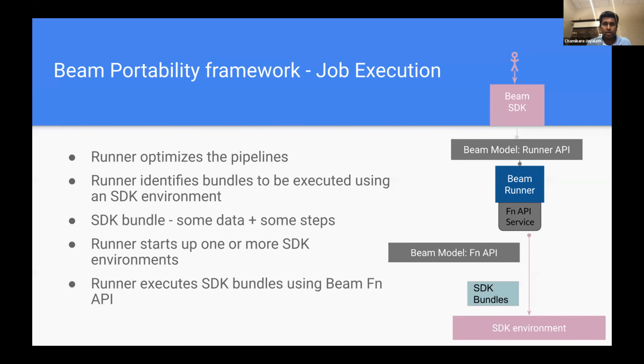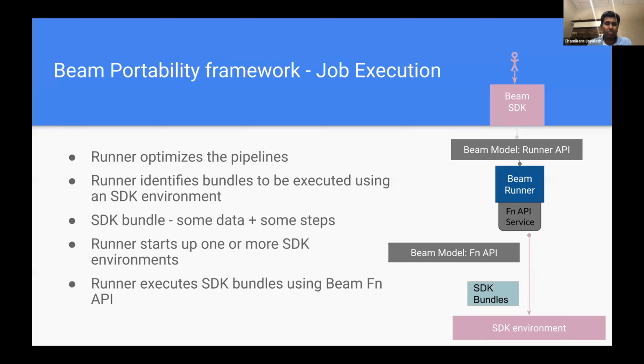Right. So now let's look at the job execution side of the Beam portability framework. So I mentioned earlier that, in job submission, we generate the standard definition and submit it to the runner. So once the runner gets this standard job definition, it usually optimizes it to make the execution more efficient. For example, it might take some of your steps and create fewer steps to simplify the execution.